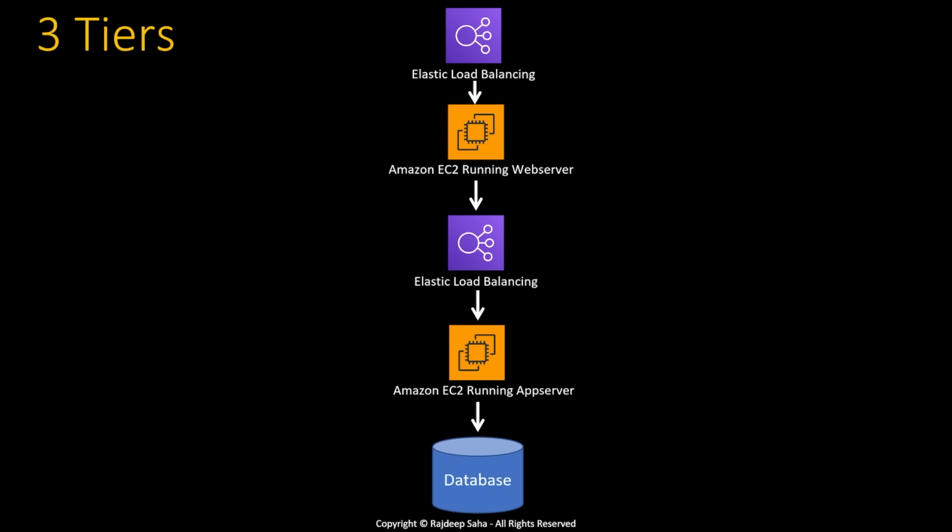And in case of, let's say, any website, in our case Amazon.com, you can map Amazon.com to the DNS of this front-end elastic load balancer, which will point to the web server. And the web server will point to another application load balancer, and that application load balancer will point to the app server.